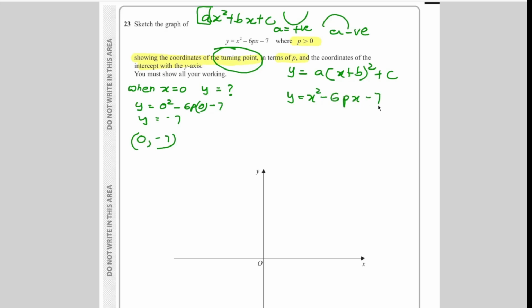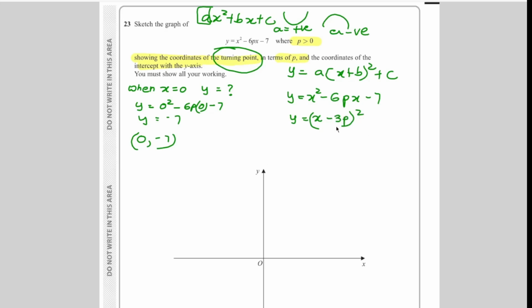Here y equals x squared minus 6px minus 7, right? To get the complete the square format, y equals x, from the middle term we divide by 2. Then it becomes 3p. We do not grab x. Squared.